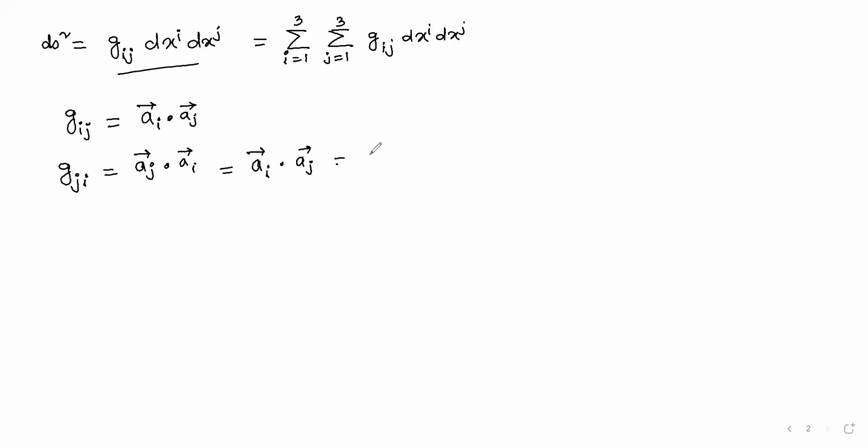So this is nothing but gij. So this quantity gij, which we have defined here, is symmetric about the two indices i and j. This is simply a property of the dot product. Okay. So far, so good. So everything is clear till here.